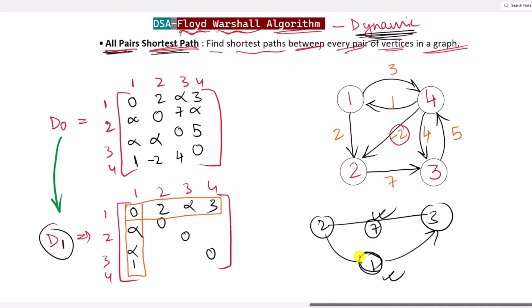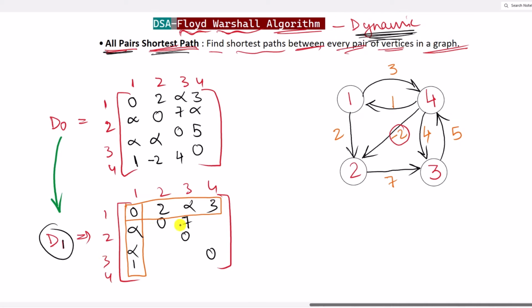So from 2 to 3 we have the direct path as 7. Now if we go through 1, from 2 to 1 you can see there is no direct connection, so this is infinite. And 1 to 3 also has no direct path. So both of them are infinite. Because 7 is better than infinite, we're gonna keep the 7.